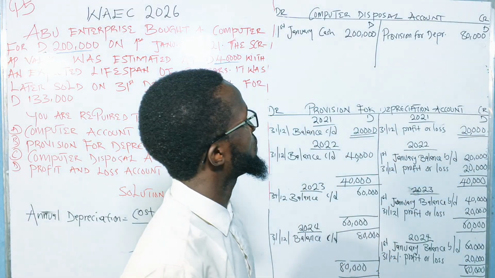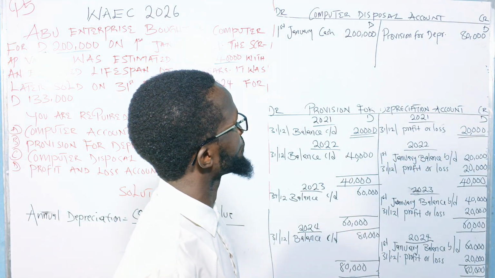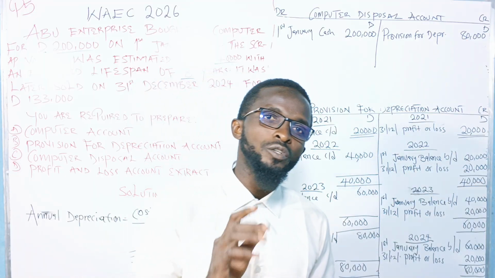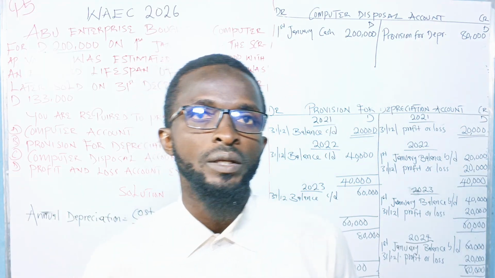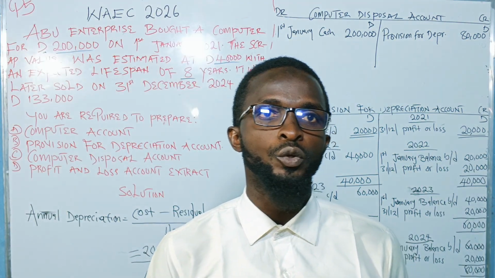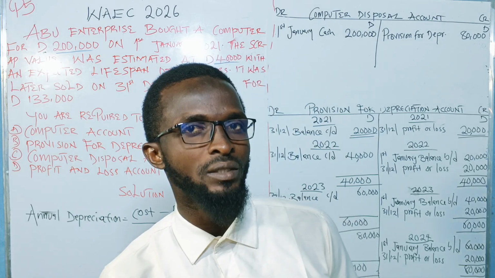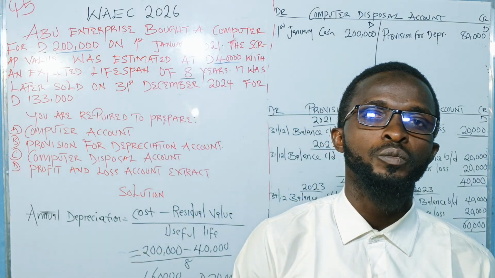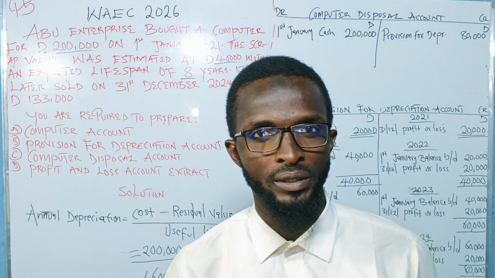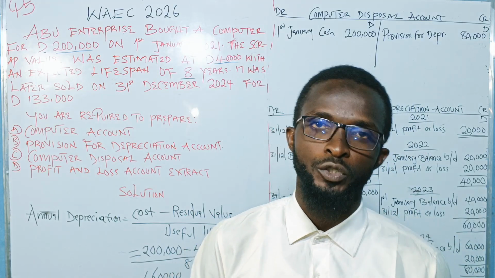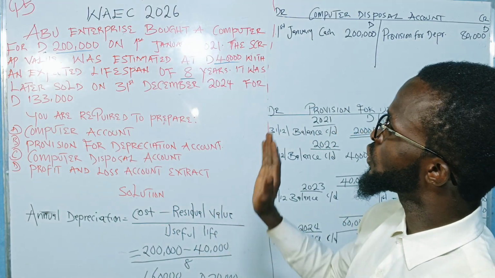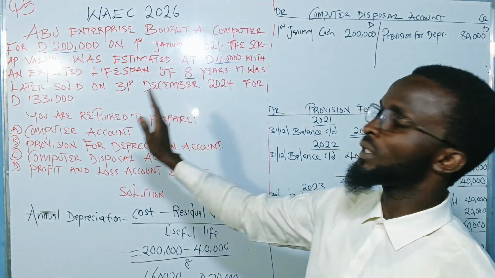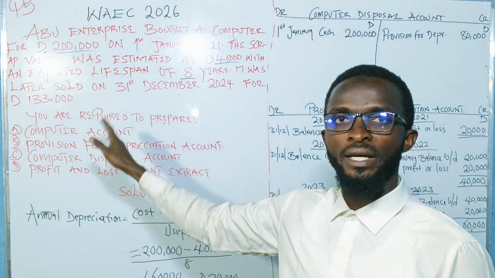Provision for depreciation 80,000. What remains? An asset of 200,000 loses its value of 80,000. We are expecting our remaining balance to be 120,000. But luckily, we sold the asset for 133,000.